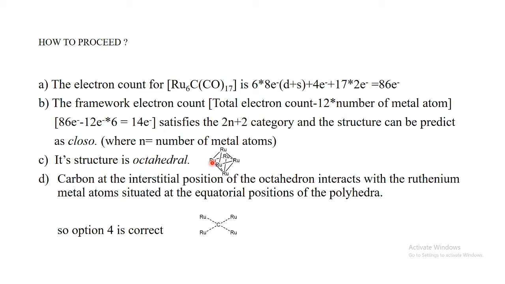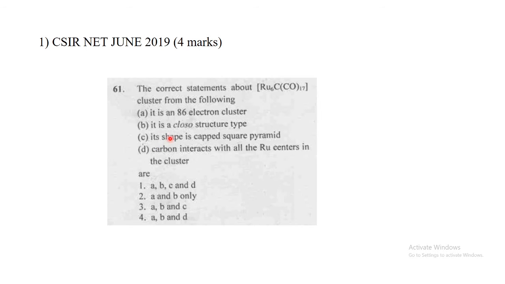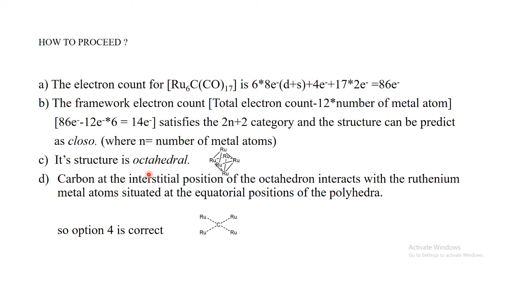An octahedron has 6 vertices, so the ruthenium metal atoms occupy the 6 vertices of the octahedron. So its structure is octahedral. So the third statement is incorrect. That is, its shape is not capped square pyramid, rather it is octahedral.